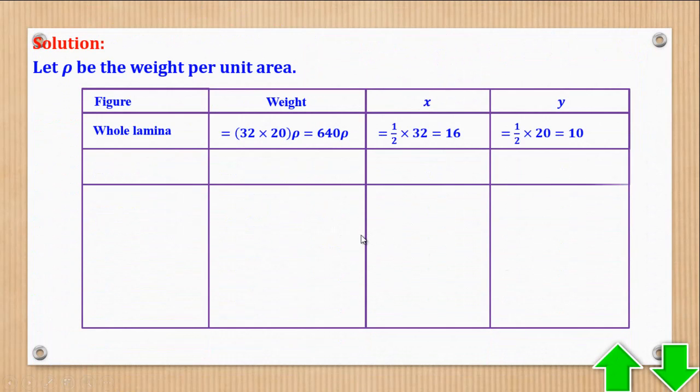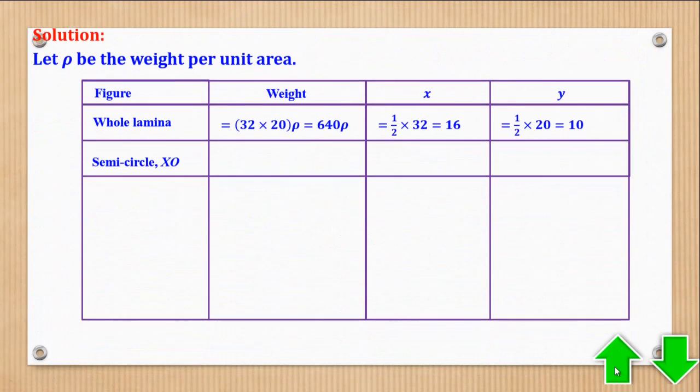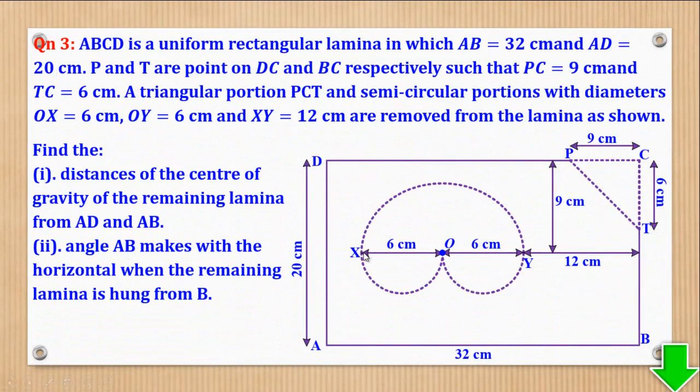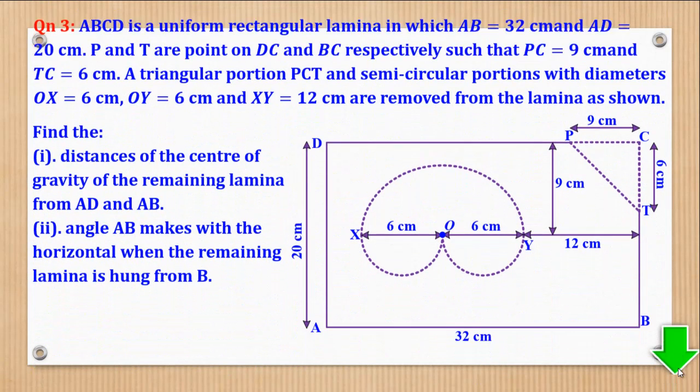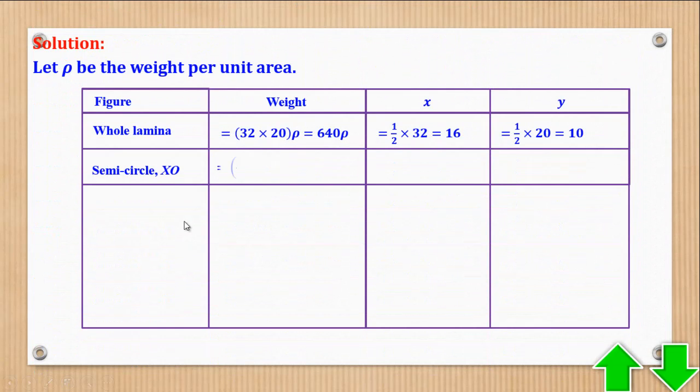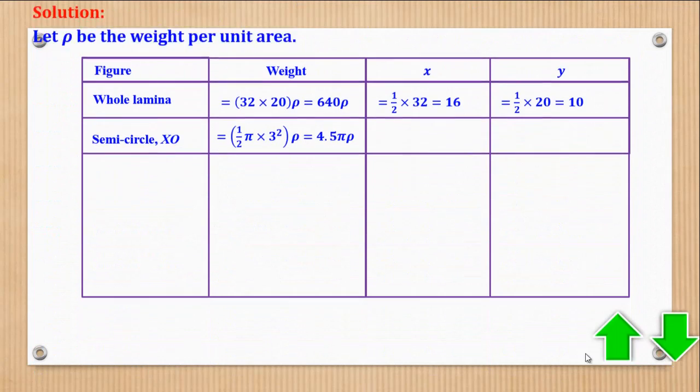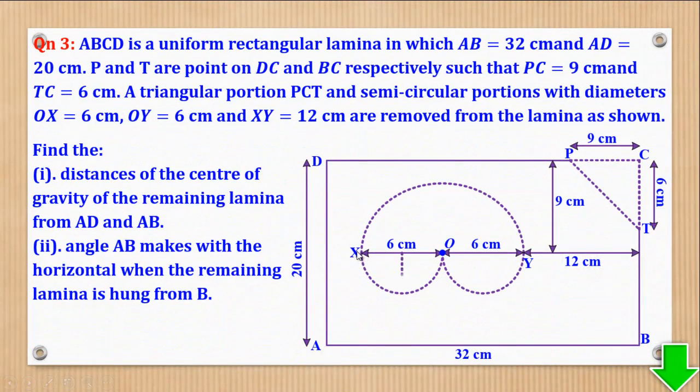Okay. Then for semicircle OX, radius is 3. Therefore, area will be that multiplied by rho to get the weight. Then x coordinate, that is G1.